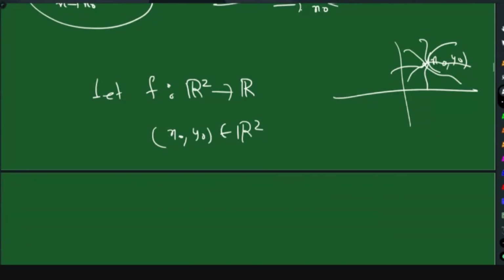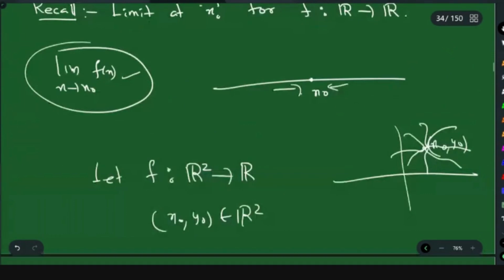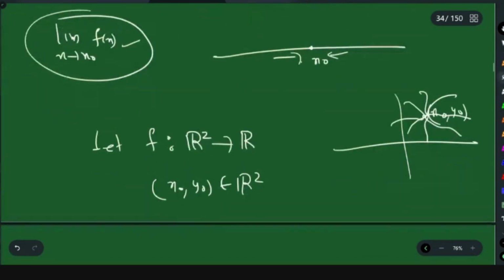As in the previous case, when your point is in R, there are only two possibilities: you can approach from the right or the left. But now the point is in R2, so you have infinitely many ways to approach that point. That is given by the infinitely many curves passing through (x0, y0). Along each curve, you can approach the point (x0, y0), and for each curve you should look at the corresponding changes in f. Suppose you take some curve C1.